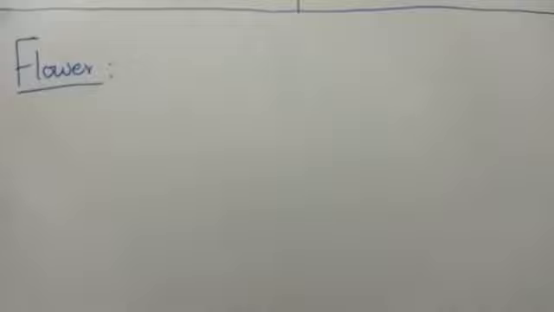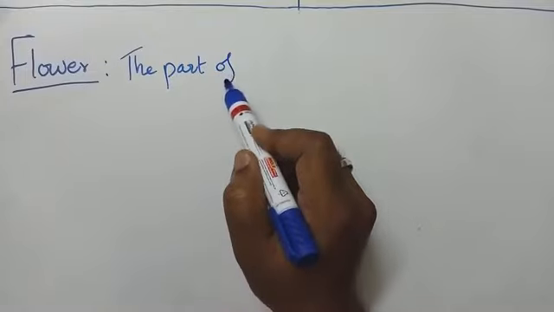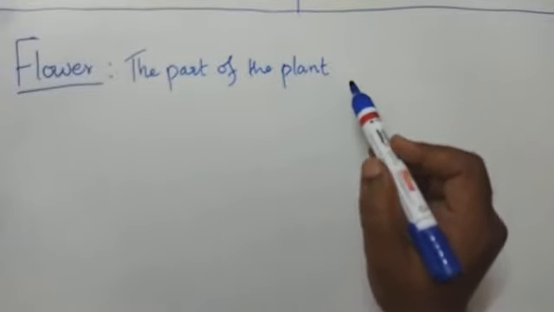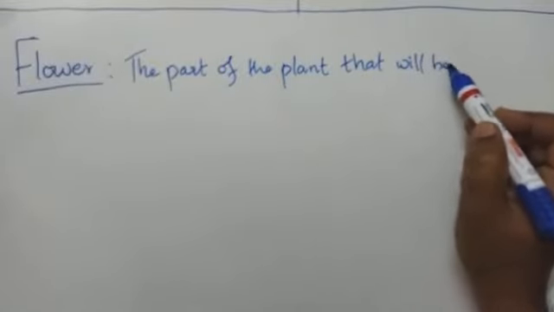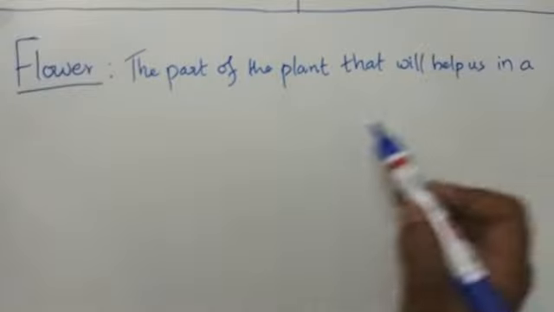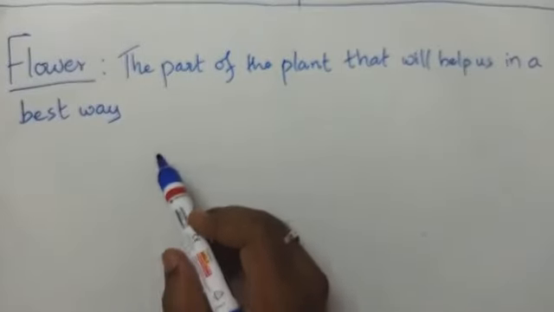So, a general definition for flower is the part of the plant that will help us in a best way to recognize a particular plant.